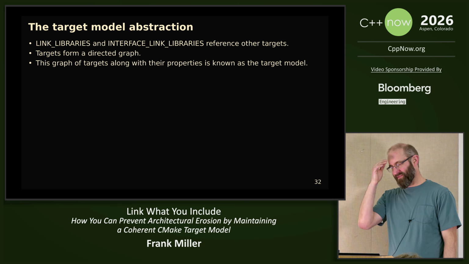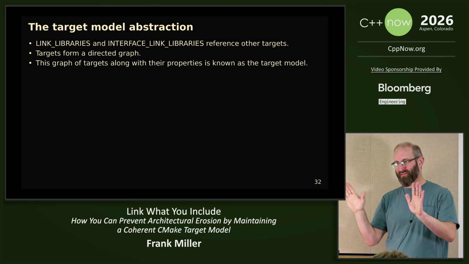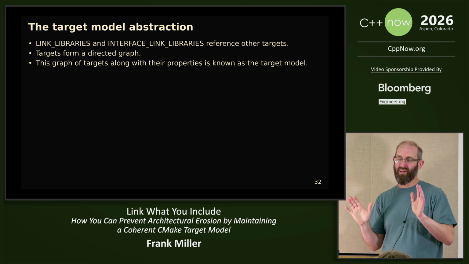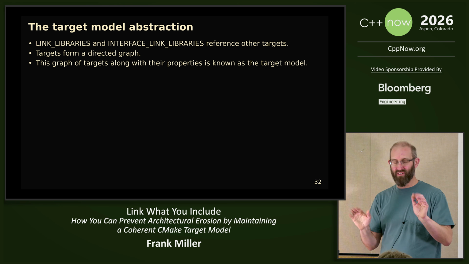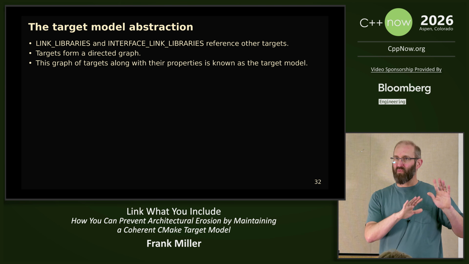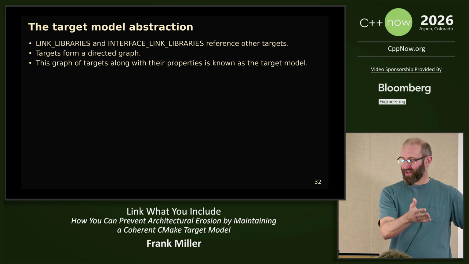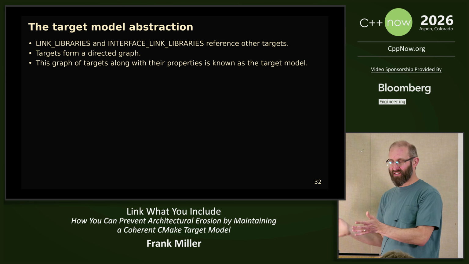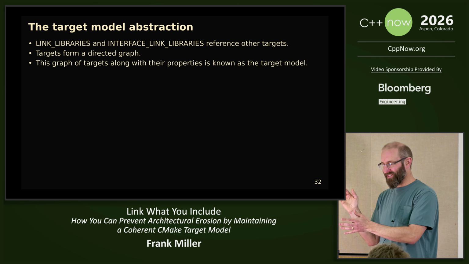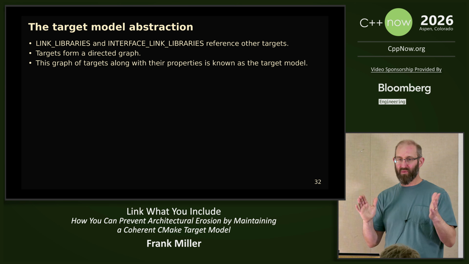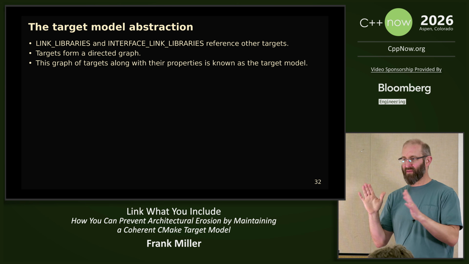I will mention there's two usages of the phrase target model, and I tend to use it both ways. It could be the way CMake models targets and libraries and stuff, and it can also be a specific instance of that with specific libraries, and I'm going to use it both ways. I don't know if one is better than the other, if I'm doing it wrong.